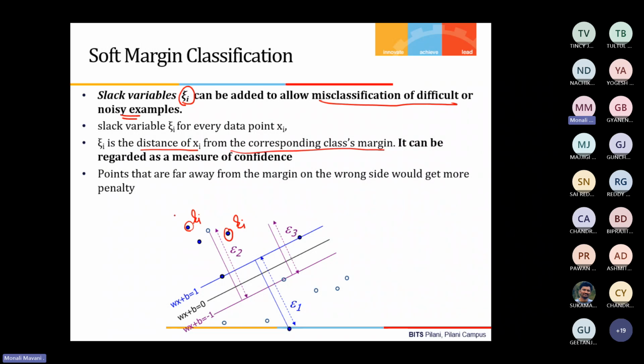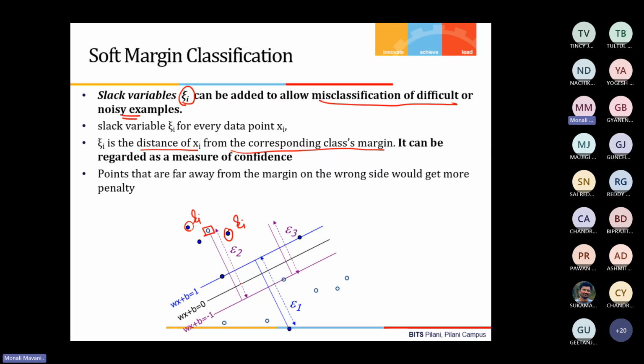Say, for example, this point, which I've put a box around, is the white point, and you can see it is on the opposite side of the margin. So it's a noisy point. It's on the wrong side of the margin, within the blue class data points.